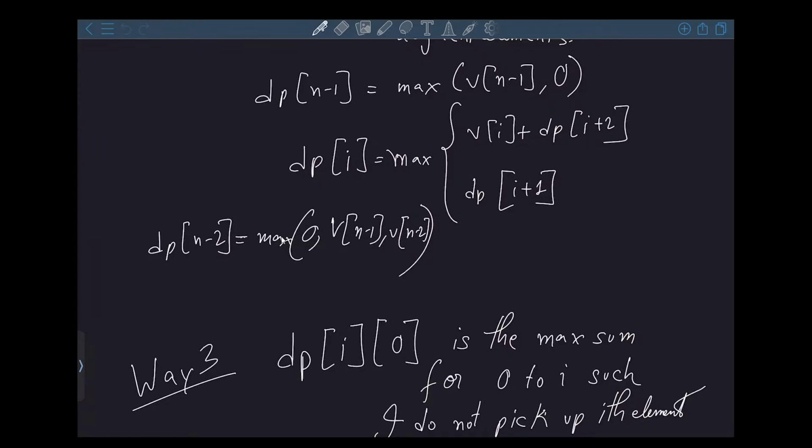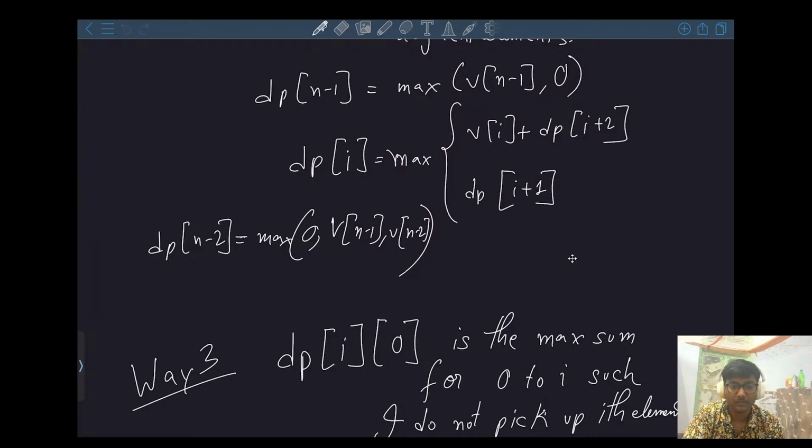Let me just see. I think this will be better because the resolution is lower and the data that is being streamed is lower.